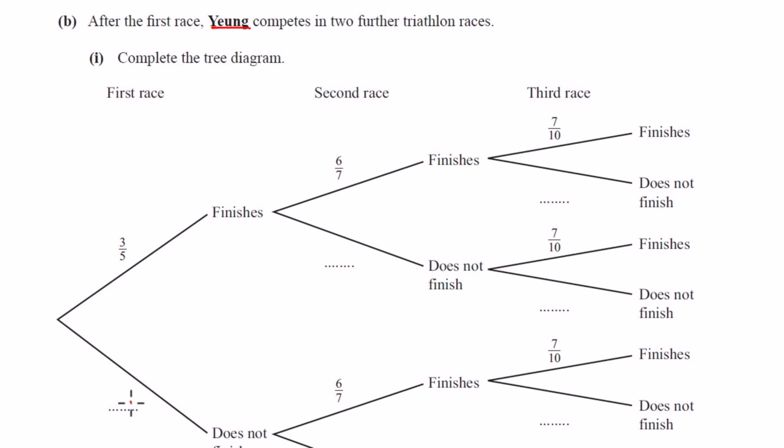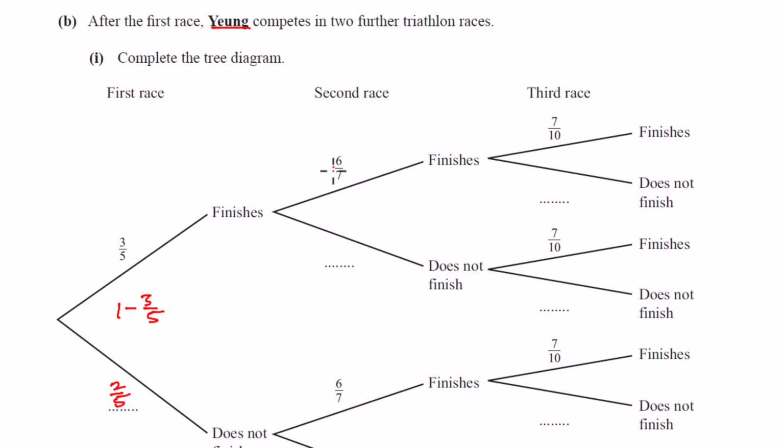So we are just supposed to complete this. If he finishes the first one, it is 3 over 5. And the probability of him not finishing the first one is going to be 1 minus him finishing, and that's 2 over 5.